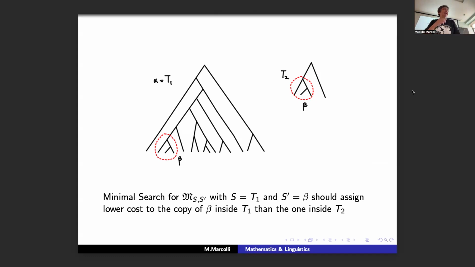But so is the idea that cost should be dictated by the percentage of difference between the two? Yeah, in a sense, of course you want to make a choice of cost function, right?